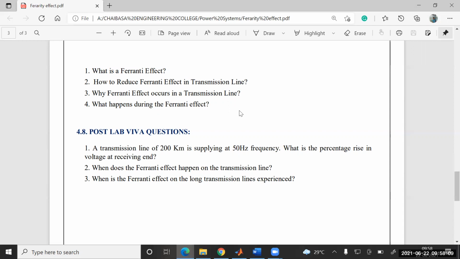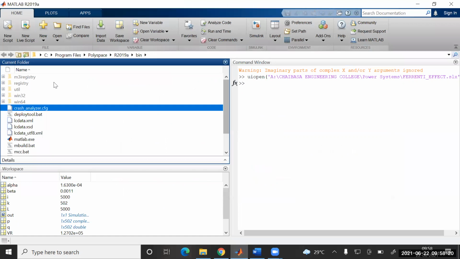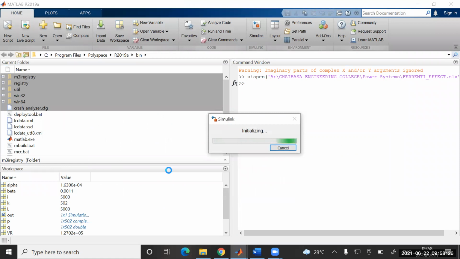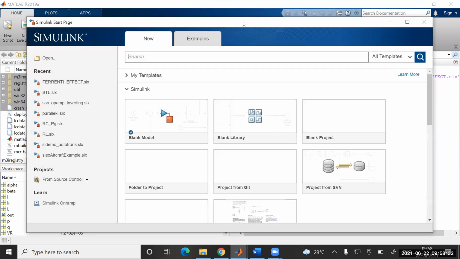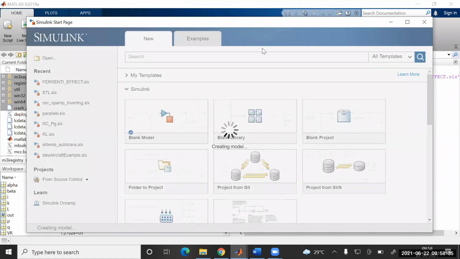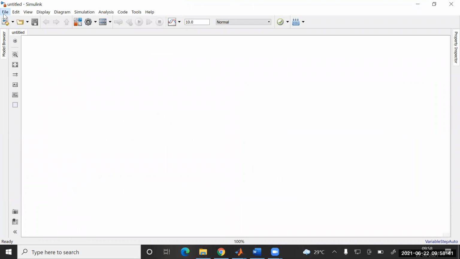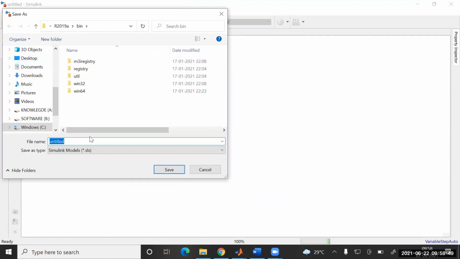So let's go to MATLAB and let's start. This is MATLAB. Let's go to the Simulink part. We'll save this.